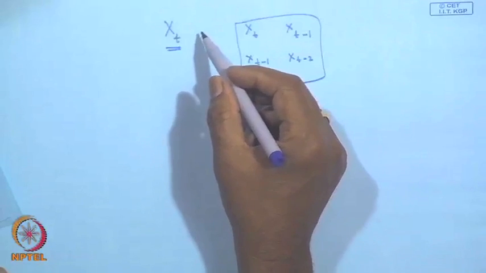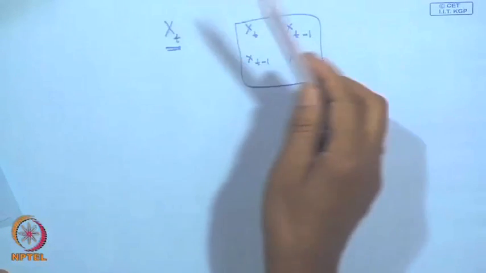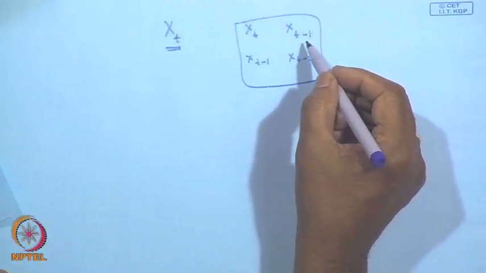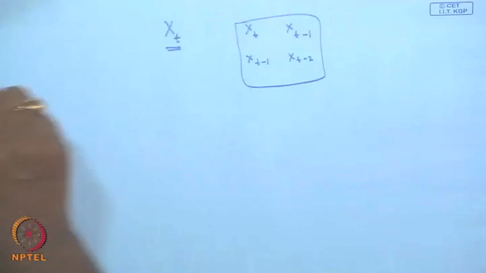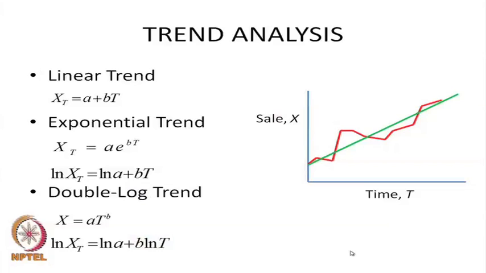Therefore, autocorrelation holds a very important place in time series analysis, but unfortunately, we do not have time to go into the details, but I will give you some idea about what I am trying to say here. Trend analysis is the first thing that I am showing.